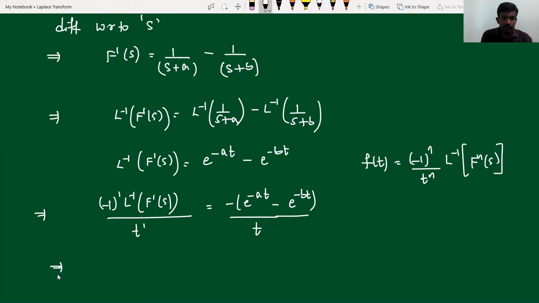So the LHS can be written as f of t, because f of t is (minus 1) power n by t power n into L inverse of F n, where the value of n is equal to 1. So I can write this as e to the power of minus bt minus e to the power of minus at divided by t. So this is the required inverse Laplace transformation for the given function.